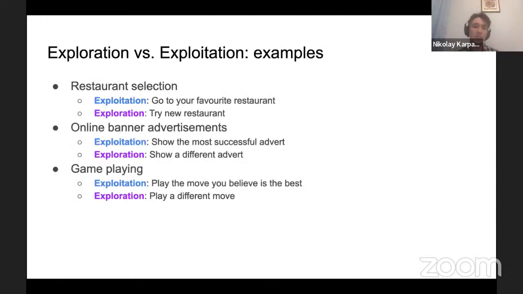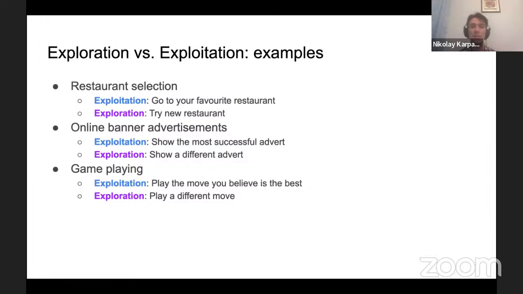This is actually not a very difficult problem to comprehend, because in real life, we humans also face this dilemma. For example, when you're selecting a restaurant to have dinner, you can either go to your favorite restaurant, which you visit very often, and you know what to expect, something pretty good, but nothing quite out of the ordinary.